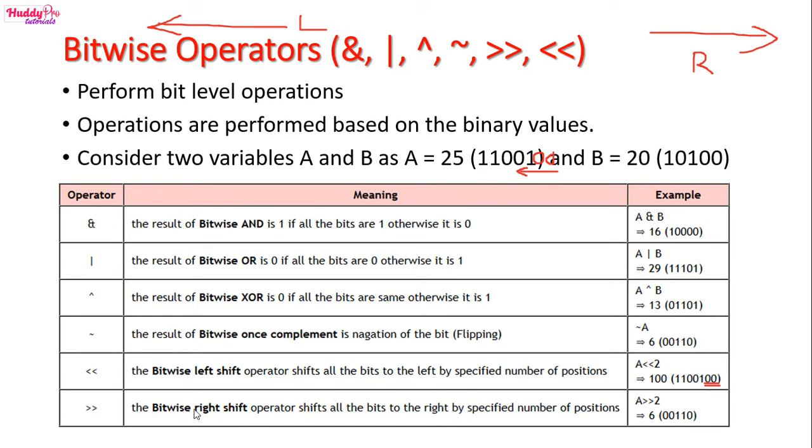But again, the bitwise right shift does the same thing, but this time in the right direction. So when we shift a by 2 positions using the bitwise right shift operator, a is 11001.